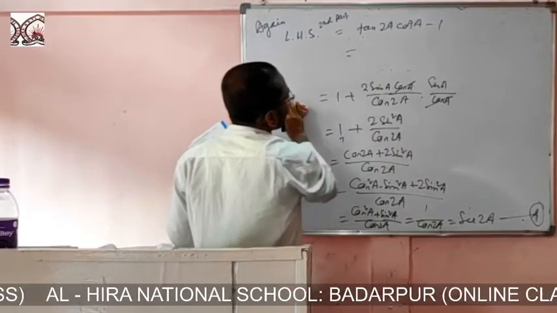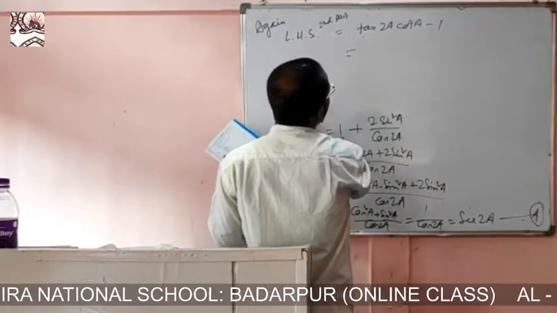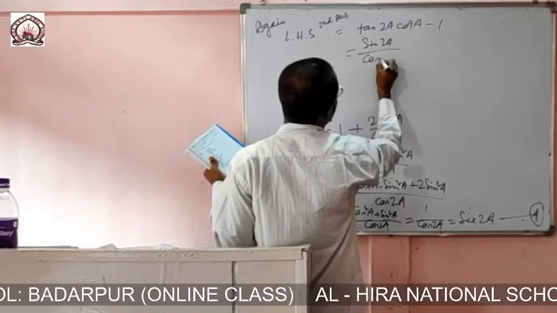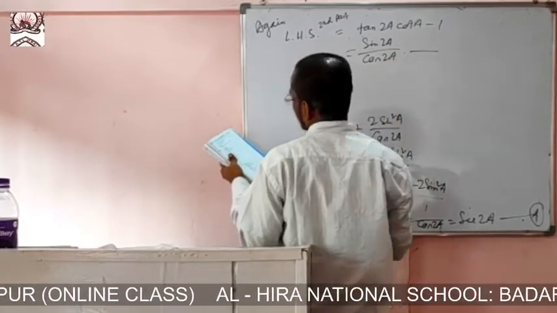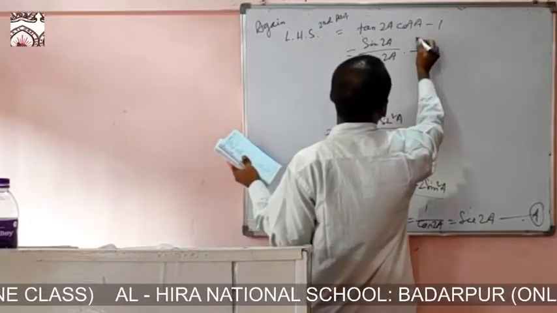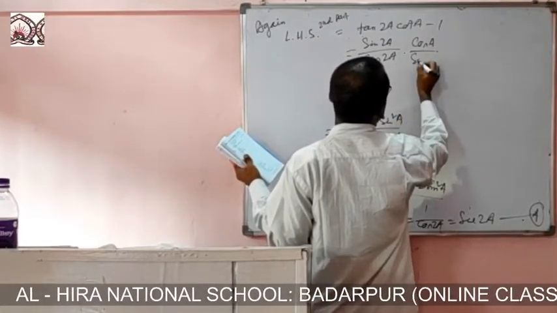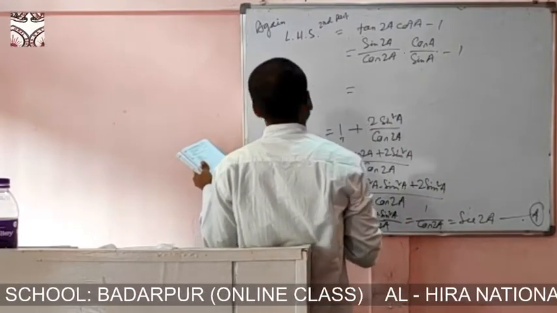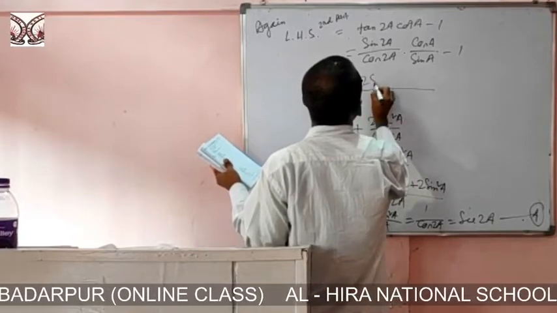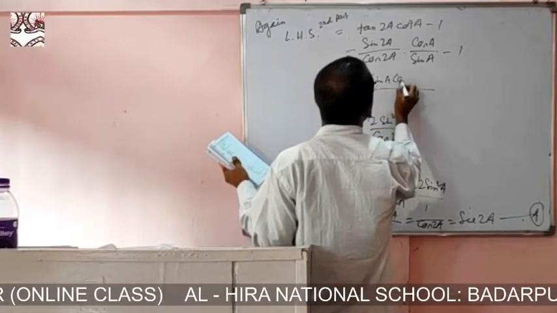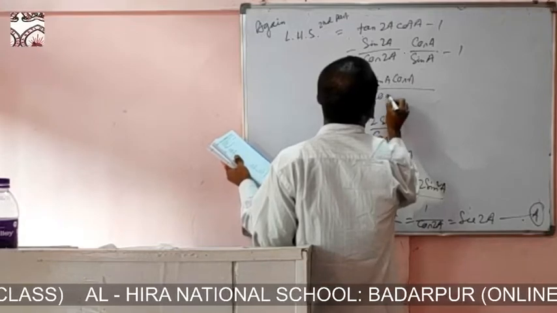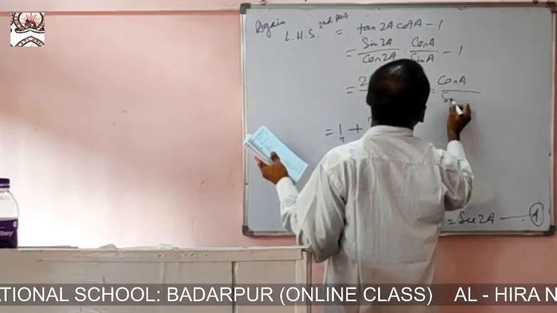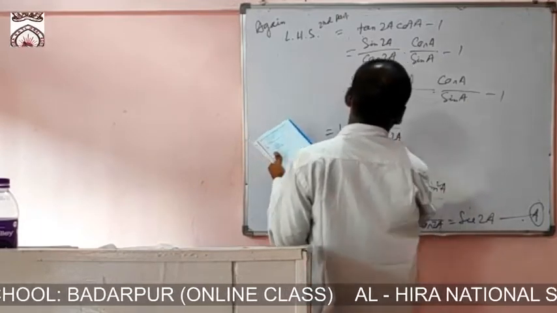So again we are breaking this tan 2a. Tan 2a is sin 2a by cos 2a, and this cot a we get cos a by sin a, minus 1. So this sin 2a again by formula is twice sin a cos a by cos 2a into cos a by sin a, minus 1.